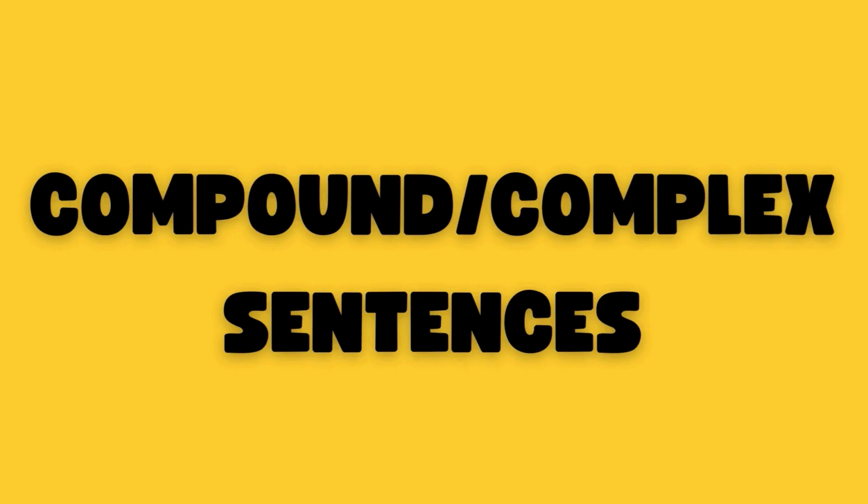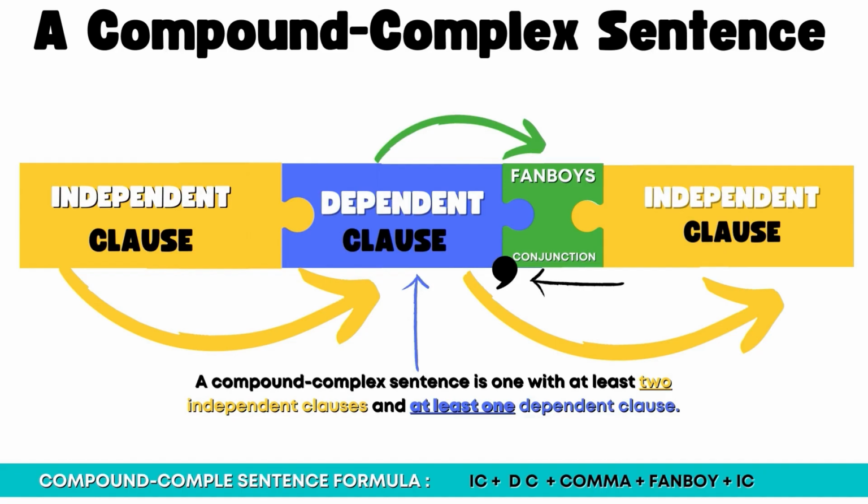Now that you know how to use compound sentences and you know how to build complex sentences, let's look at how we can plug these clauses together to create an even longer compound complex sentence. So for a compound complex sentence, you need to have at least two independent clauses and at least one dependent clause.